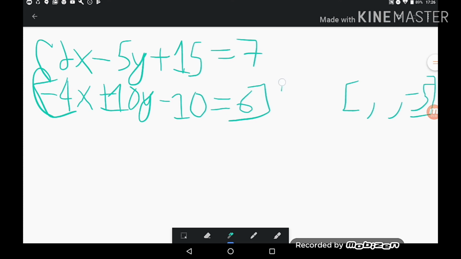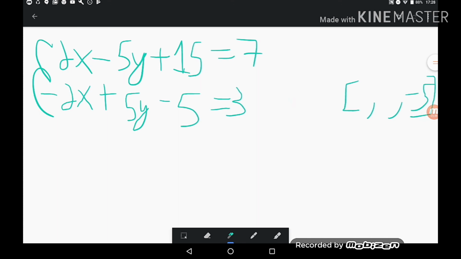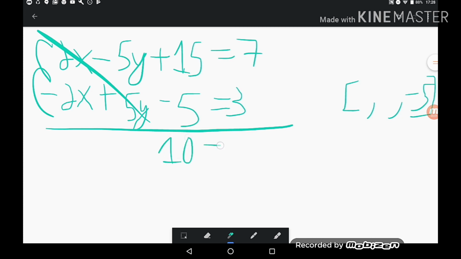And this will be your new equation. Okay, so you get negative 2x plus 5y minus 5 equals 3. So we know that the x's are gone, but hey look, our y's are gone too. But look, if you notice, we result in 10 equals 10.